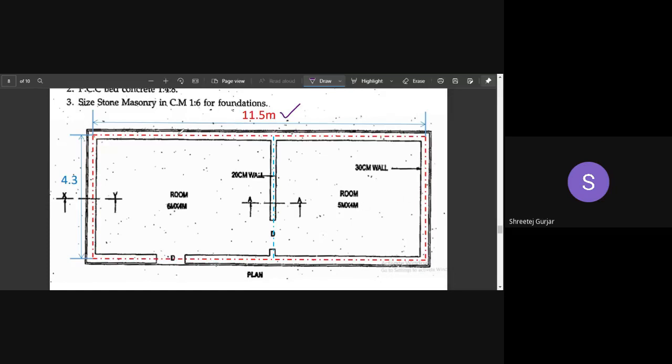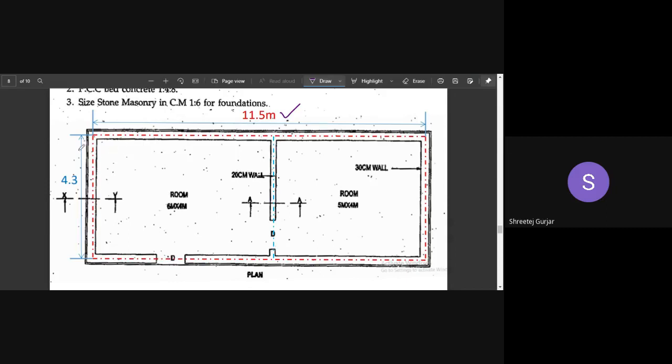This is one long wall, this is one long wall, this is one short wall, and this is one short wall. And in 20 centimeter, only one short wall, no long walls.